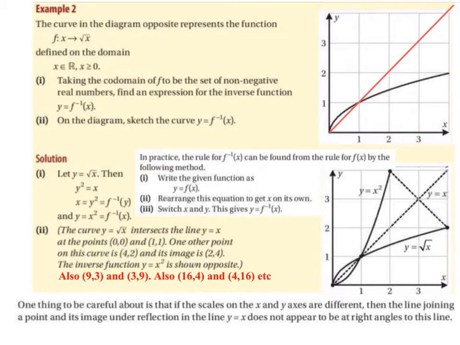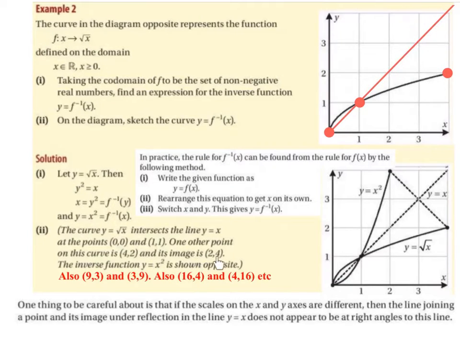And we can clearly see that the point 0, 0 is a point of intersection, as is the point 1, 1. One other point on this curve is 4, 2. And there's the point 4, 2.